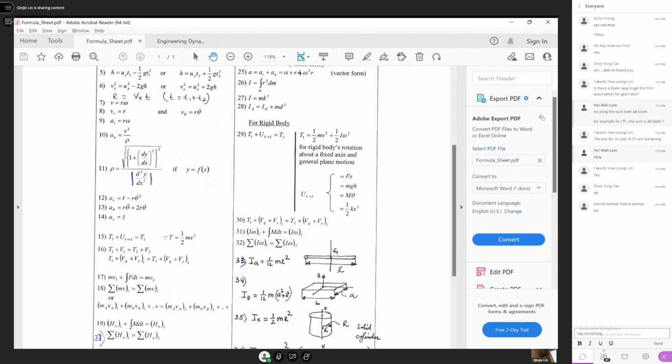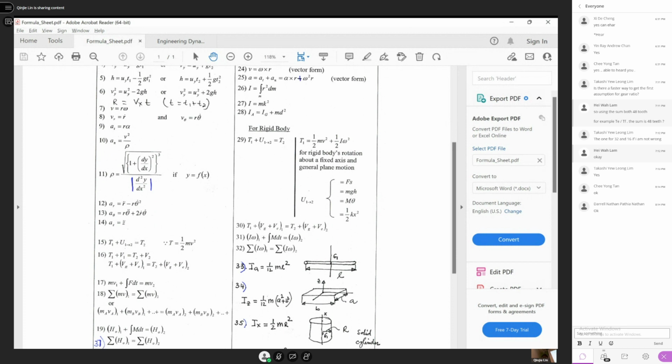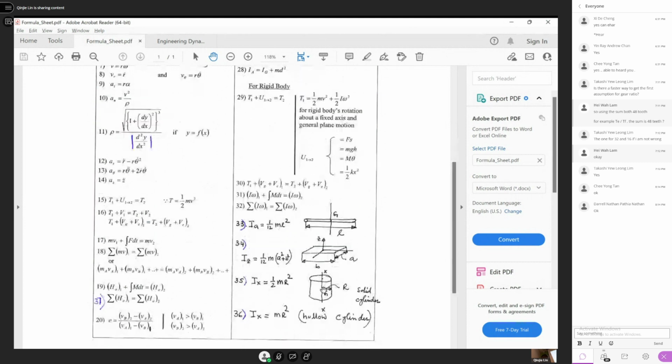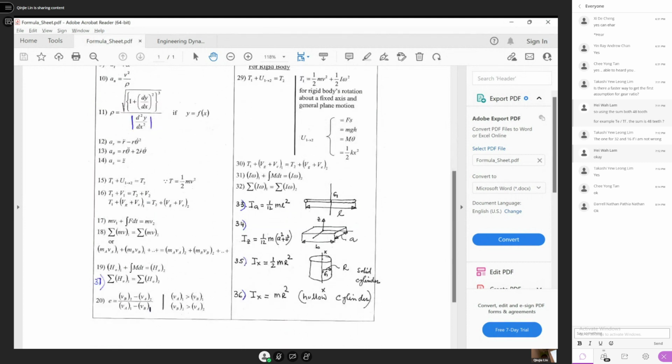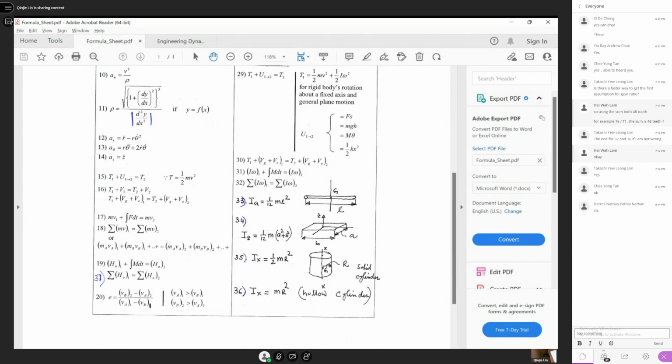Actually, the concept is the same, 31 and 32. 33, 34, 35, 36 is just some shapes and the moment of inertia.